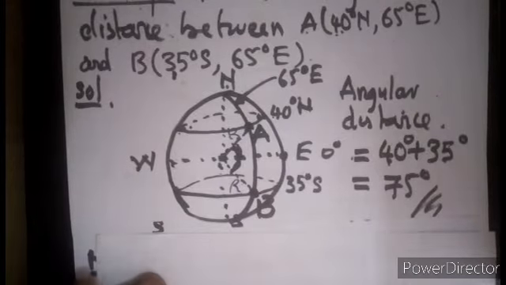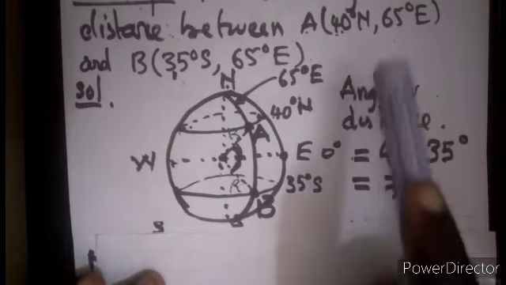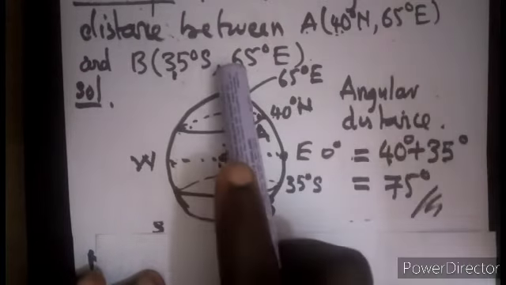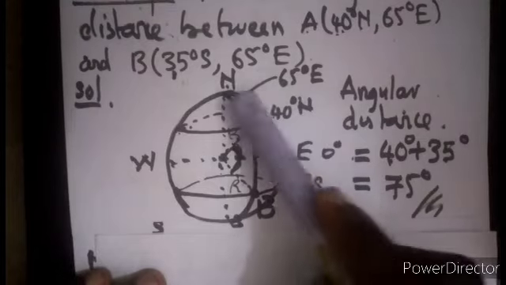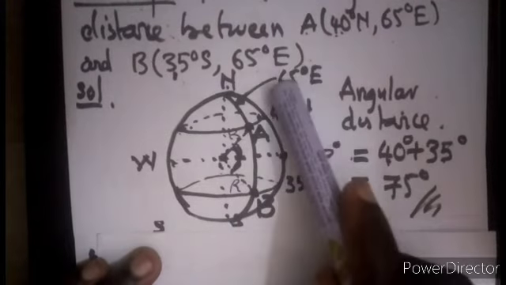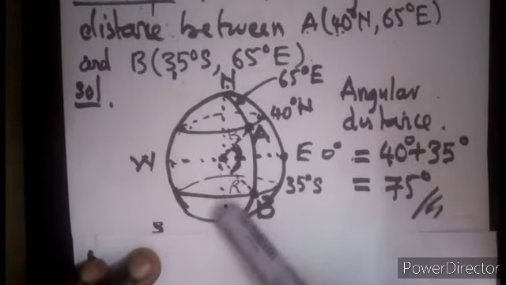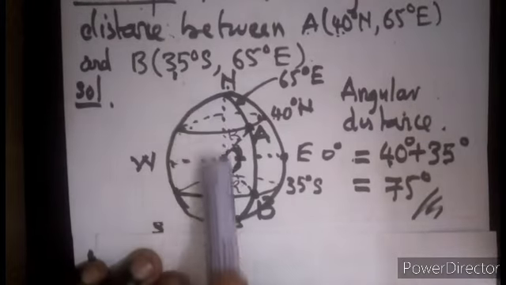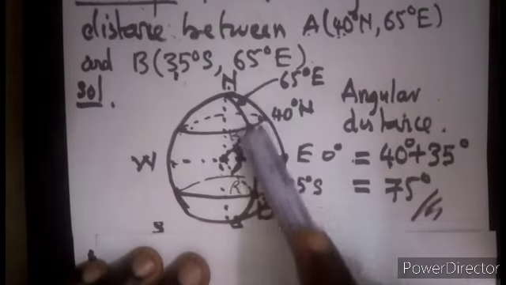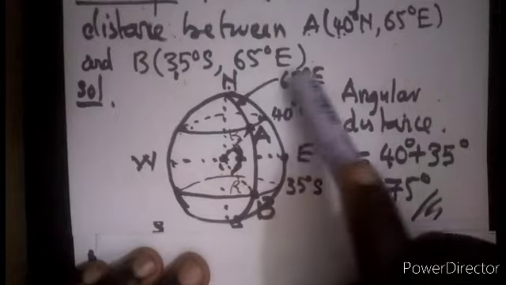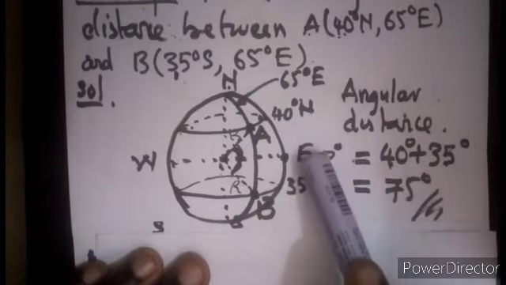You notice from the question that the two points A and B lie on the same longitude, 65 degrees east. So if we trace the longitude 65 degrees east, this is the Greenwich meridian, this dotted vertical line. Let's assume this is 65 degrees east, the eastern part.